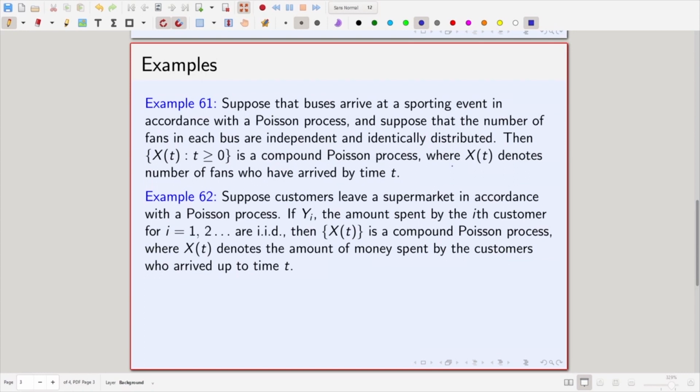Then X(t) is a compound Poisson process, where X(t) denotes the number of fans who have arrived by time t. So, buses are arriving. You have a sporting event, say some stadium where some match is going to happen.